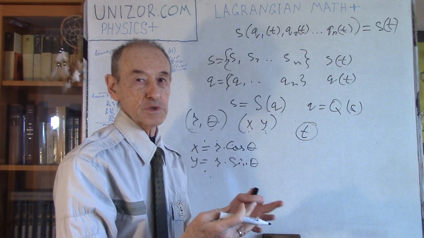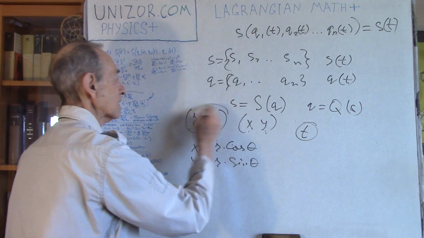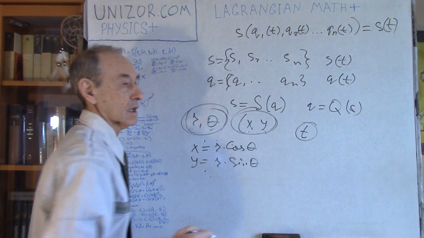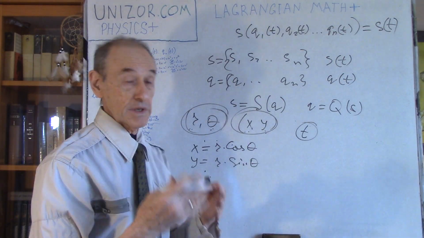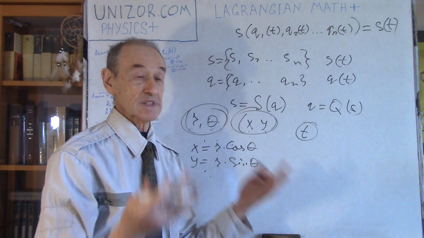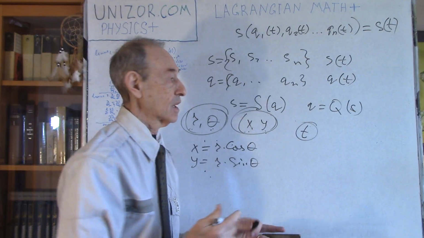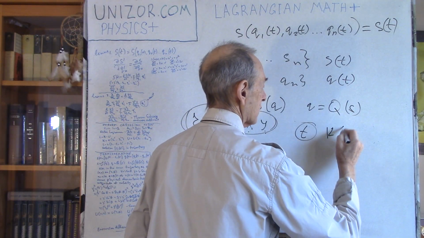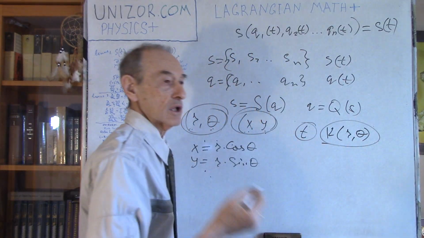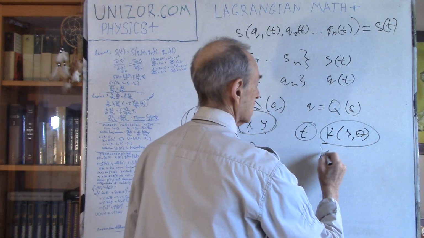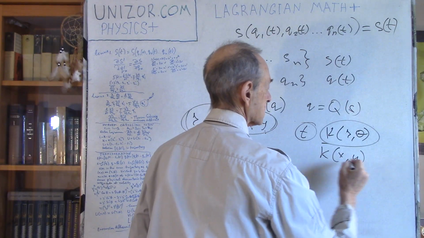Which means that everything which we calculate based on these functions must be the same if it's a physical reality, for instance, kinetic energy. So kinetic energy as a function of r and theta, as a formula, looks different than kinetic energy as a function of x and y.